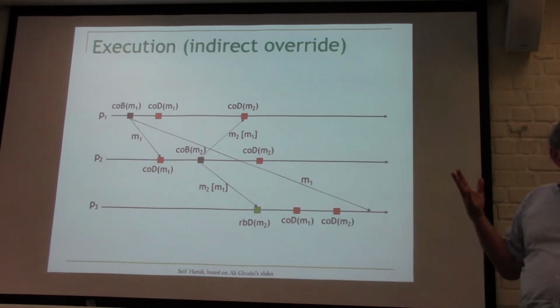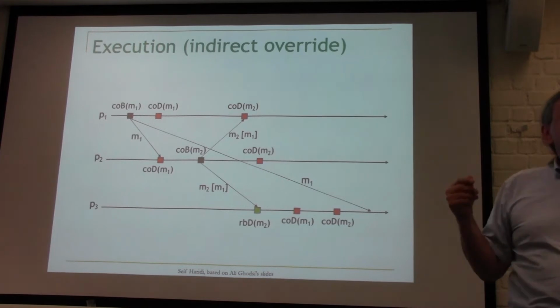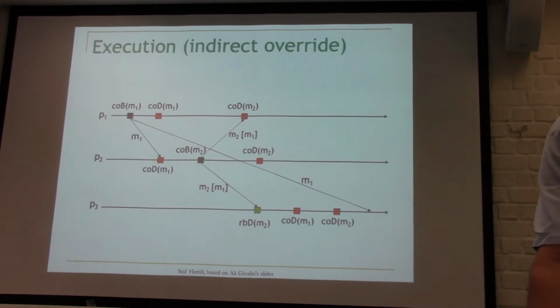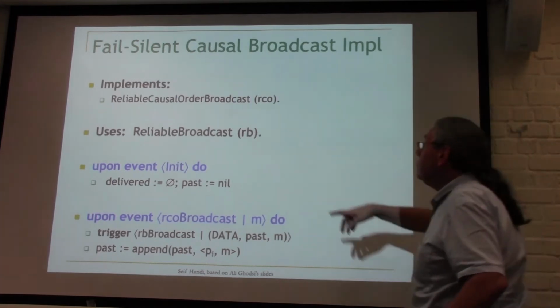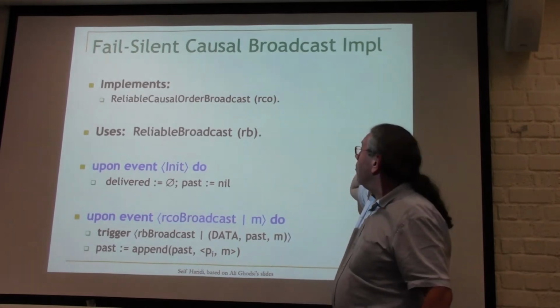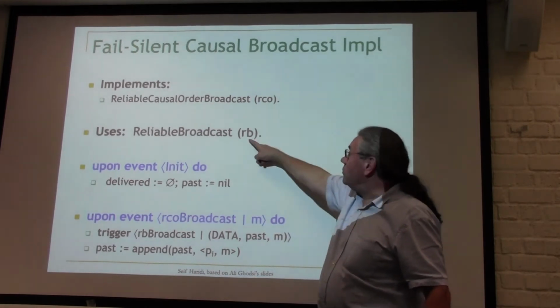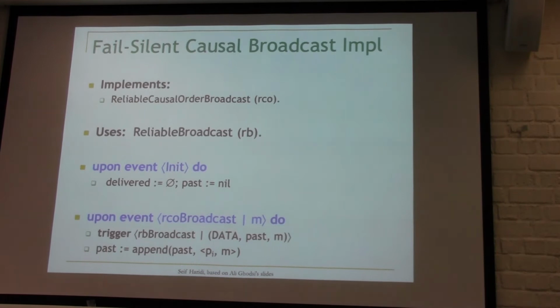So it's a very nice algorithm. There's a minor efficiency problem, but it's correct. But first, let me show you the code of this algorithm. This algorithm, reliable causal order broadcast, uses reliable broadcast. So I'm building it like this, a layer on top of RB.